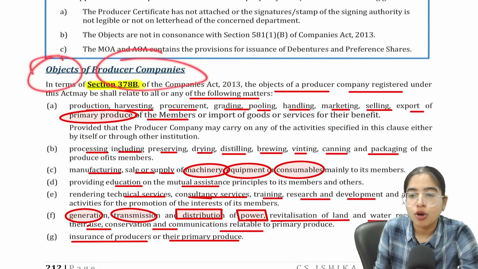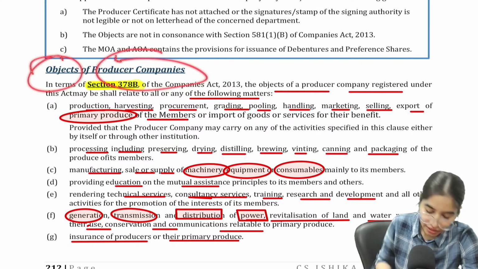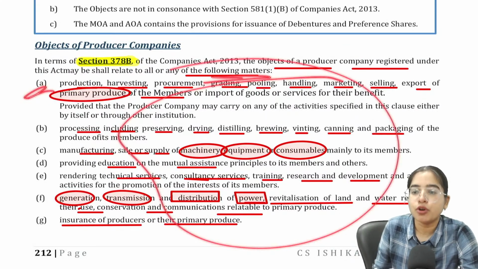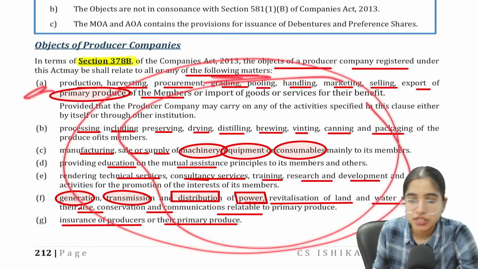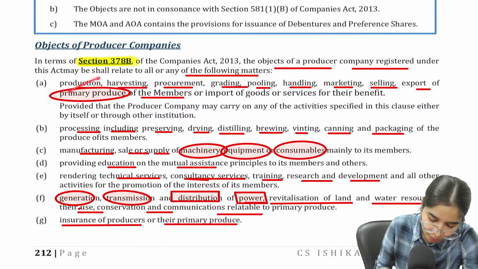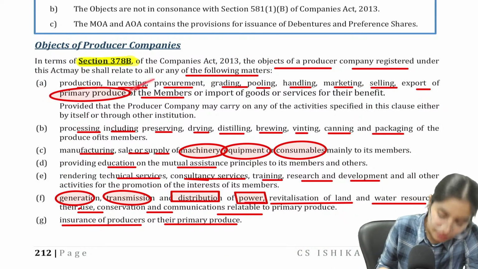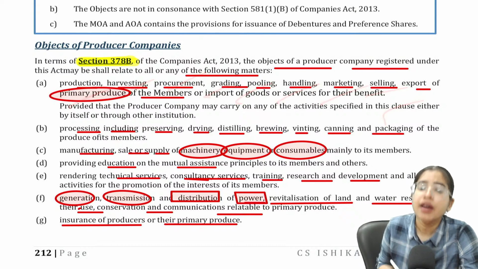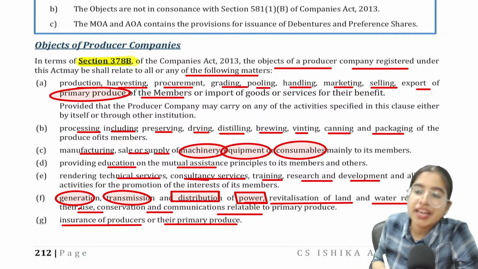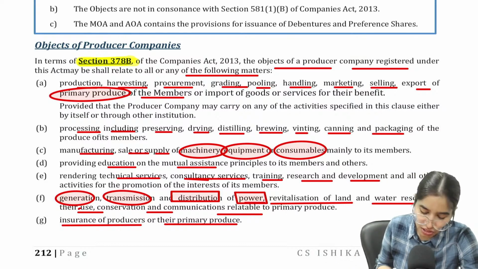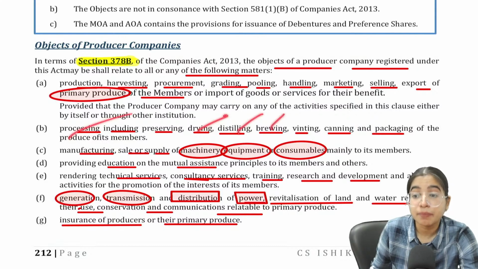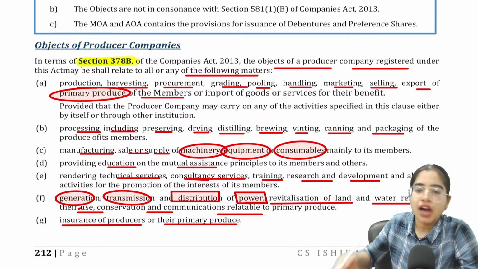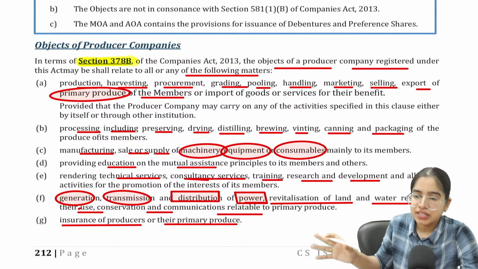So what are the objects of a producer company? A producer company is formed to facilitate, to help the producers, to help the members in the following activities: production, harvesting, grading, pooling, handling, marketing, selling, export of their primary produce. Primary produce means their agricultural produce. Next is processing, like drying, distilling, brewing, canning, packaging, etc. After we do agriculture, we harvest the product, we dry it, distill it, brew it.